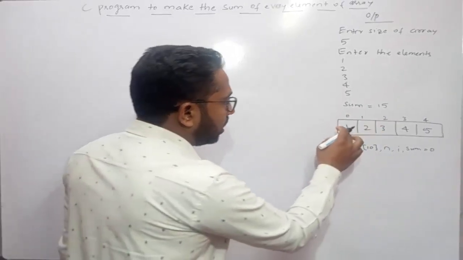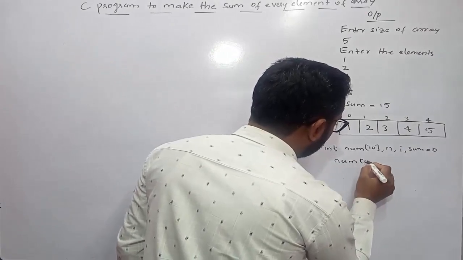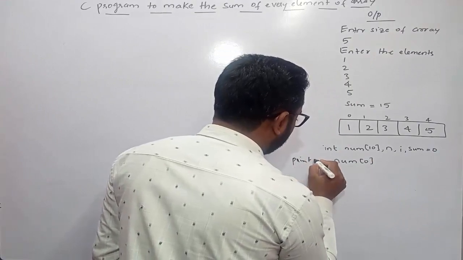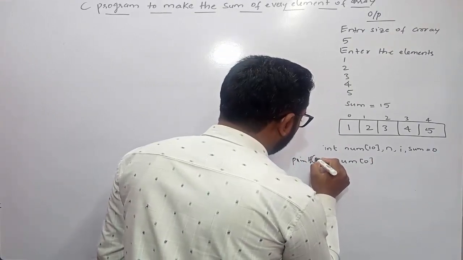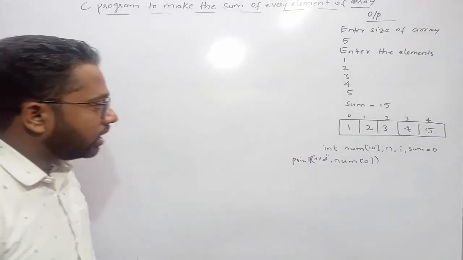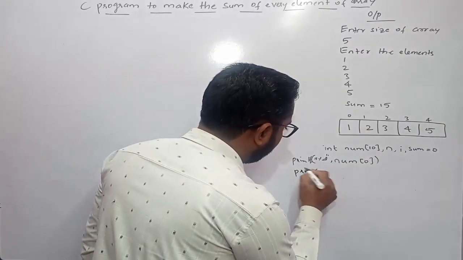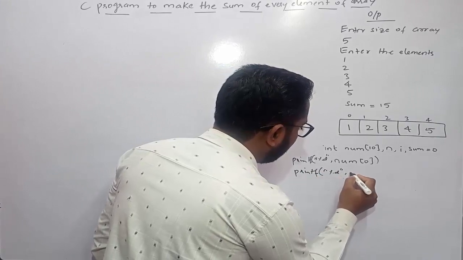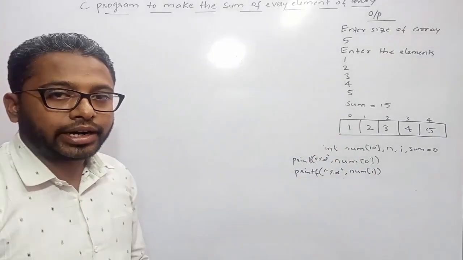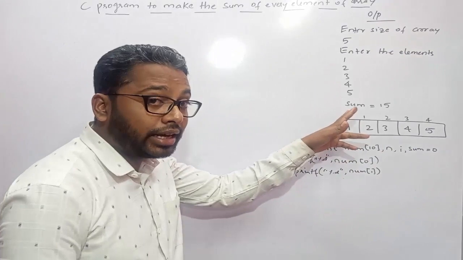If I want to access 1, then I need to write printf %d comma num of 0, then 1 gets printed. If I want to access 2, then I just need to printf %d comma num of 1, then 2 gets printed.